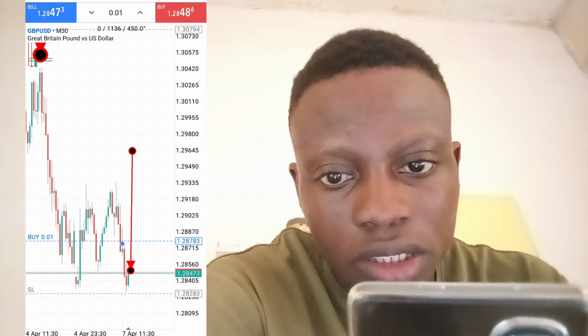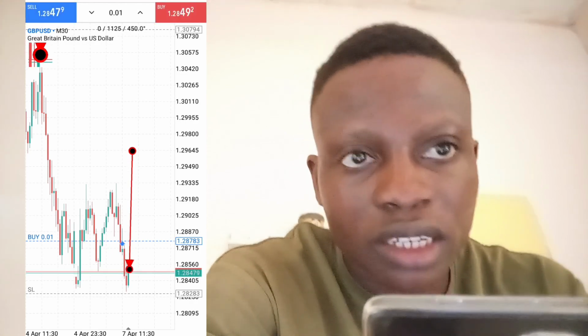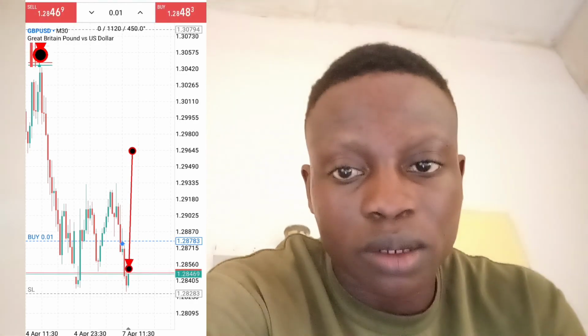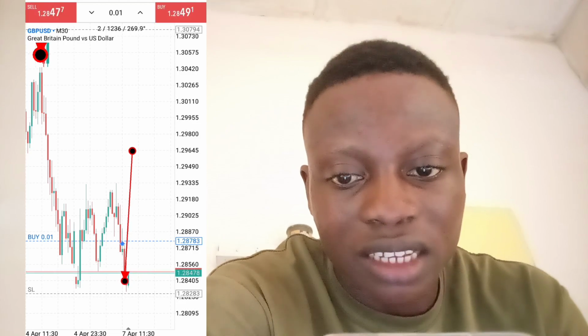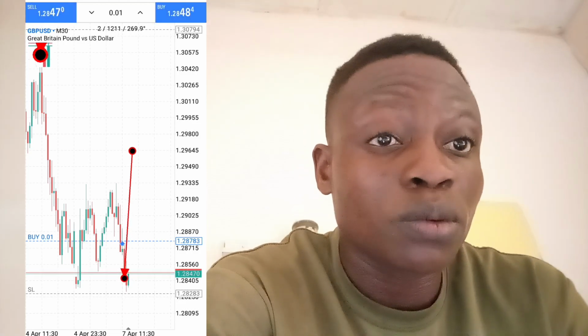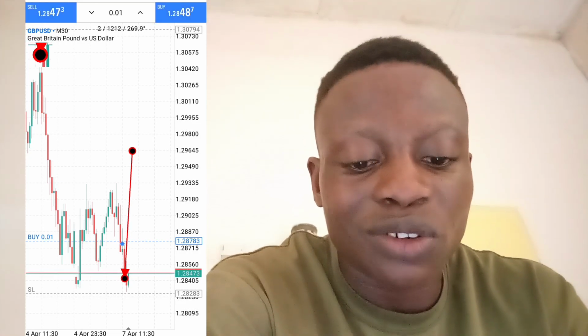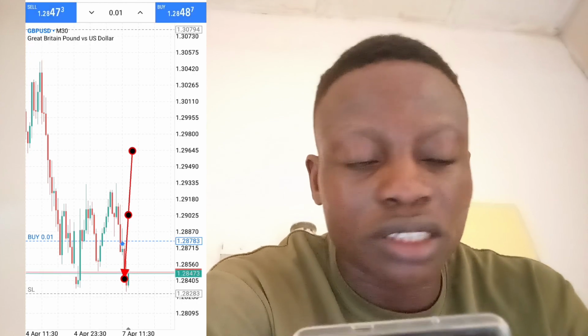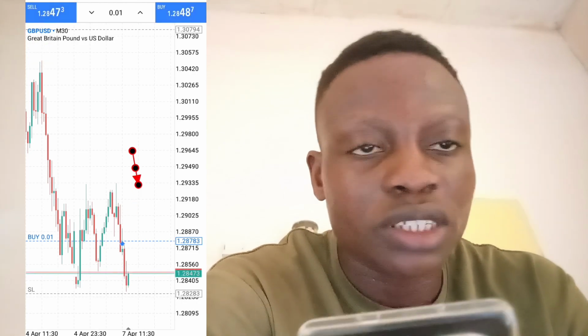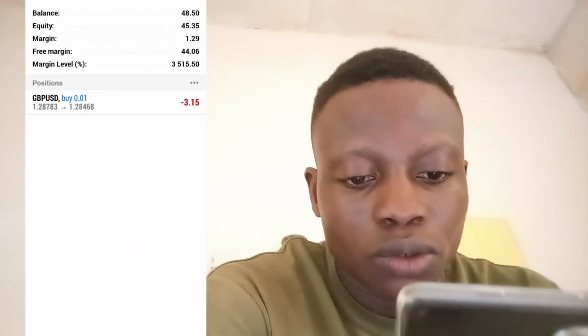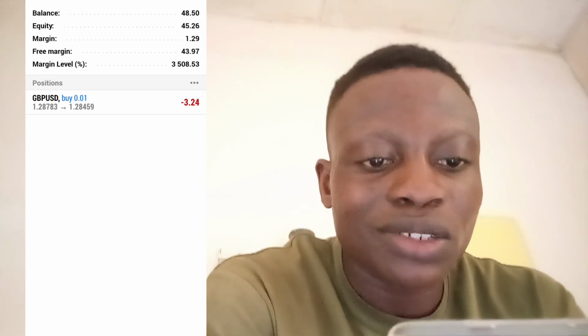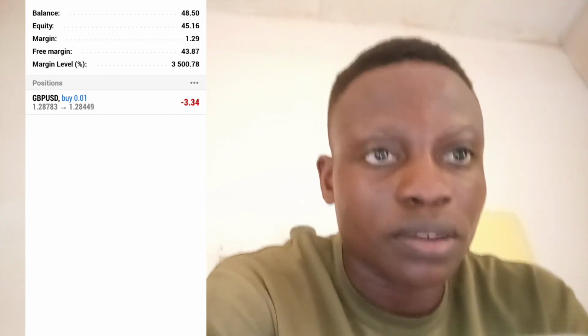But I'm just praying that if this candlestick closes bullish and engulfs this particular red candle, we have hope. But if it does not engulf this red candle, we are going to lose the trade. So this is minus $3.2.